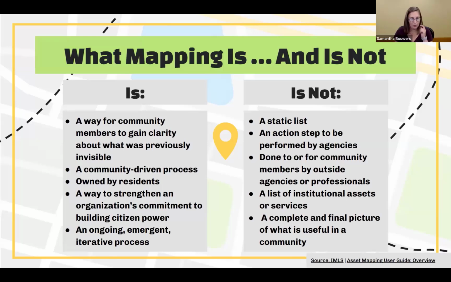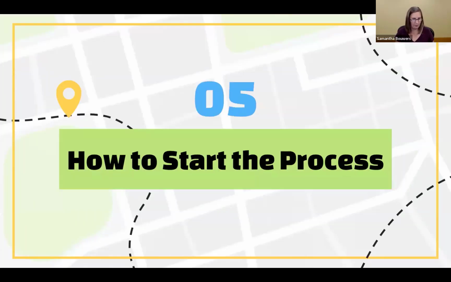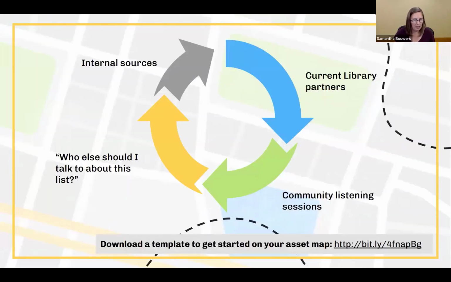So, how to start the process? Like I said, I think it probably does make some sense to start internally with your staff, with your board, with your friends group or another set of library related stakeholders, and start to put people, places, and things on the map.